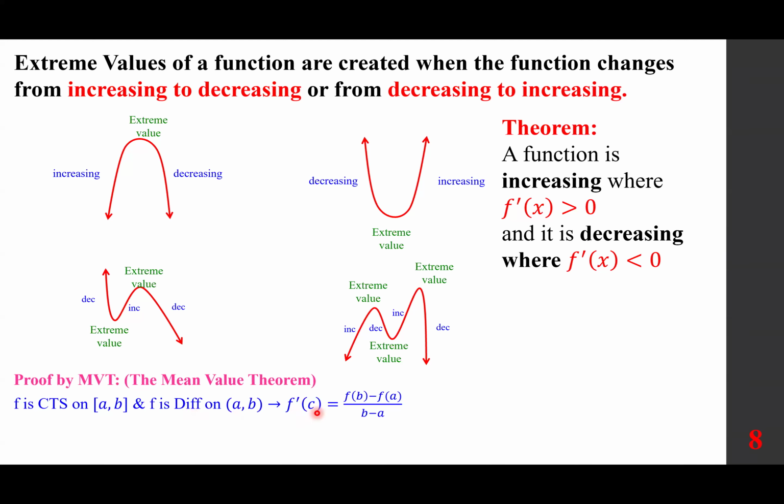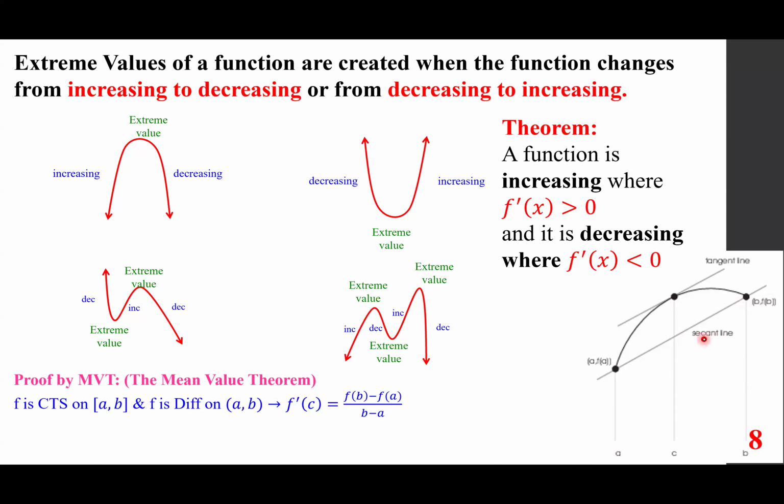Meaning, here's point A, here's point B. Normally we choose B to be on the right side. This point has coordinates a comma f of a. This point has coordinates b, f of b. If you connect the two, it gives you a secant line, and you can calculate the slope. What is the slope? That's exactly what we have here.